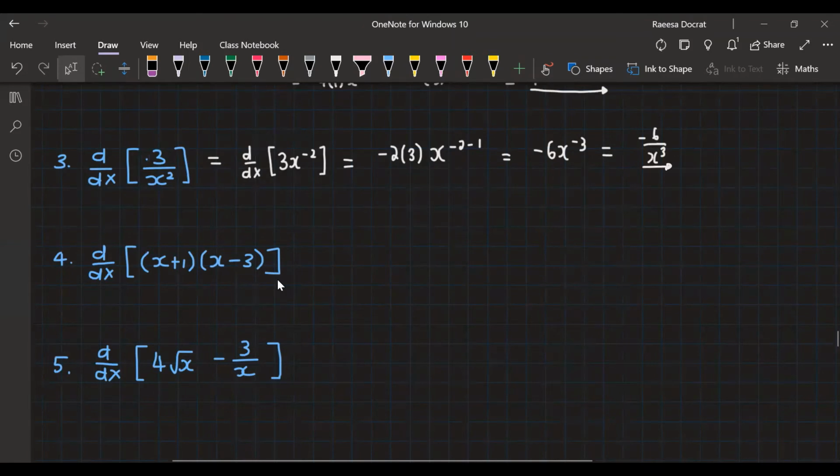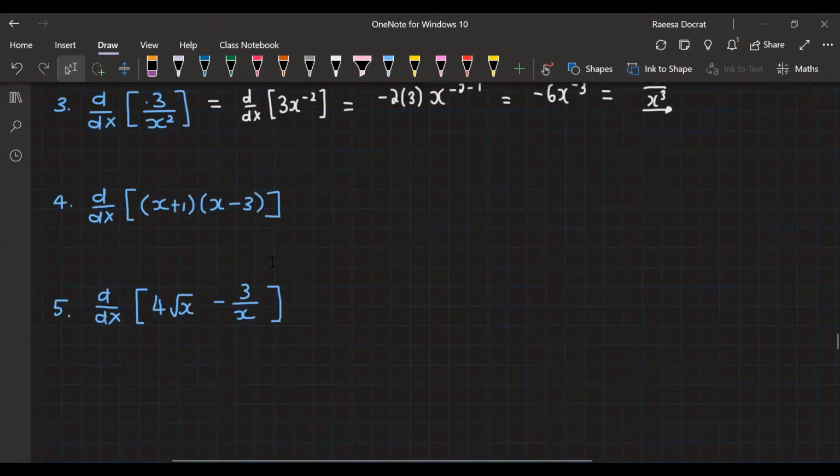Okay, this one here, once again, we don't have a rule for multiplication. So what we're going to do is first multiply. If we multiply, we get x squared plus x minus 3x minus 3.